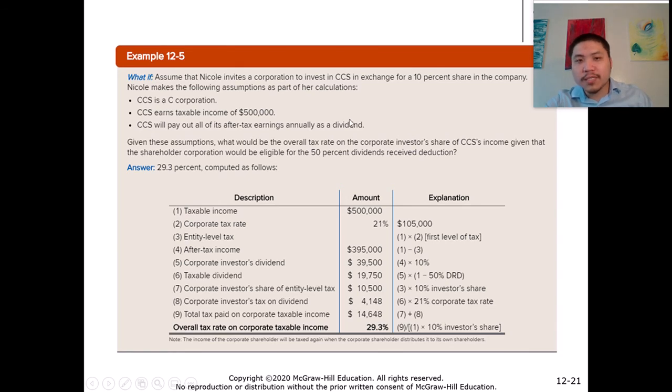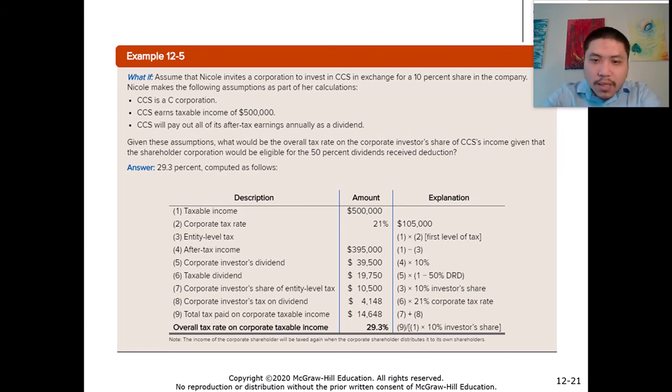So this is the example of a case with a corporate shareholder, right? And in this case, the corporate shareholder owns 10% of CCS. That's why it is eligible for a 50% dividend received deduction, right?